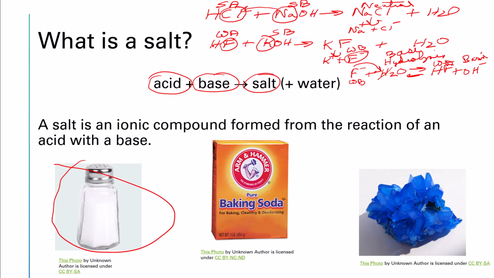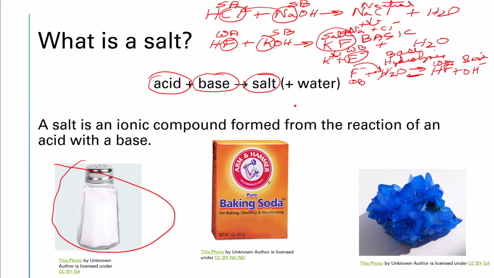So if you've got a weak acid reacting with a strong base, the salt that is the result of that reaction will be basic. So weak acid, strong base, basic salt. One more time: weak acid, strong base, basic salt.